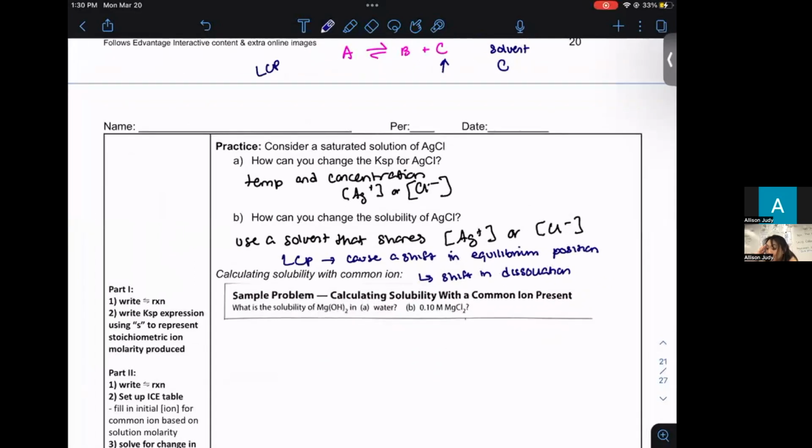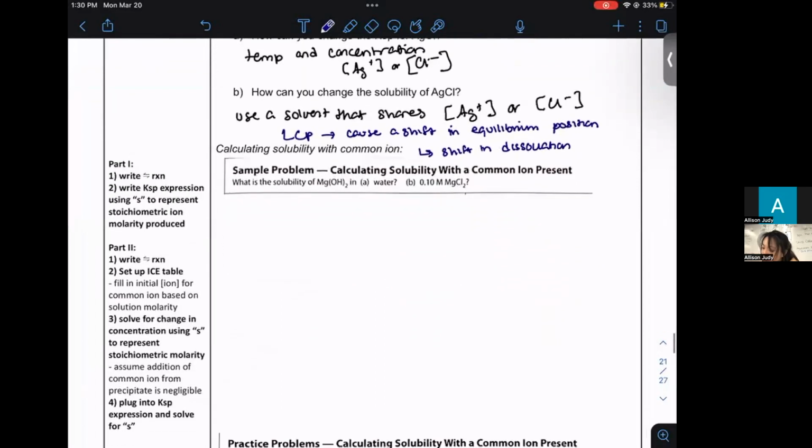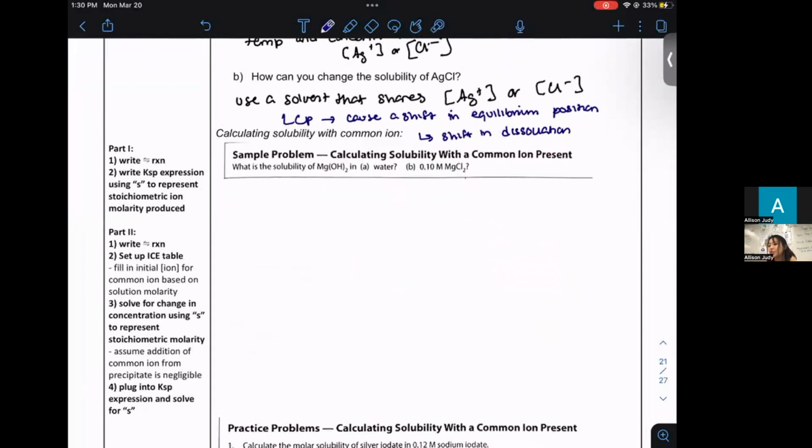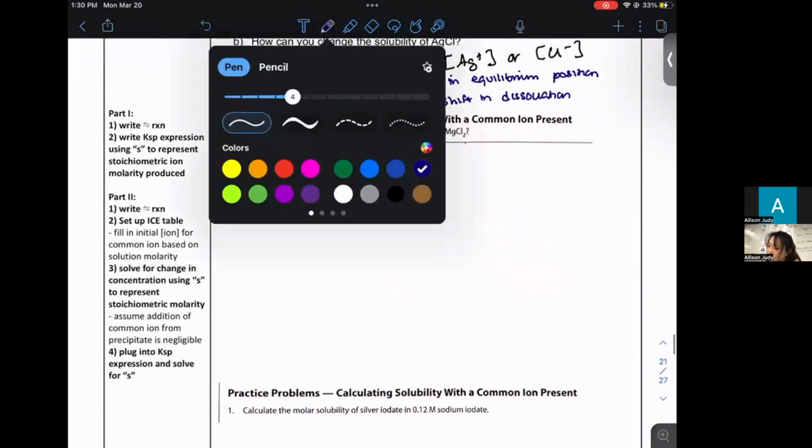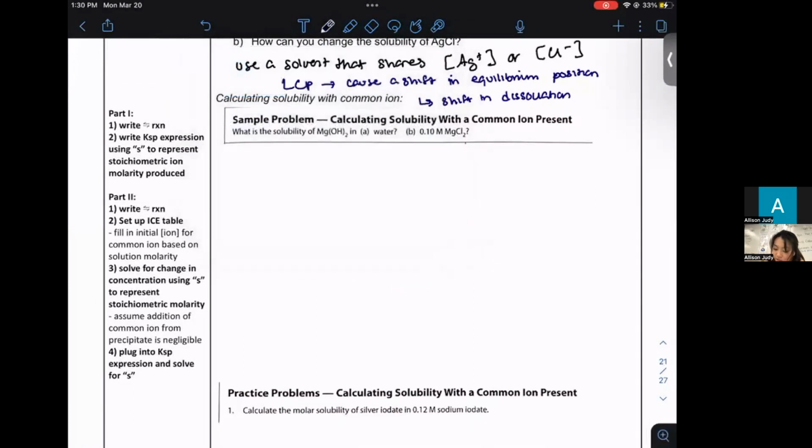It'll cause a change in the dissociation magnitude, or the amount of dissociation. So how do we then calculate the solubility with a common ion? This is a fun problem. So let's say I have MgOH2 and it's in water. Standardly, we would use our common setup where KSP is equal to the table value.